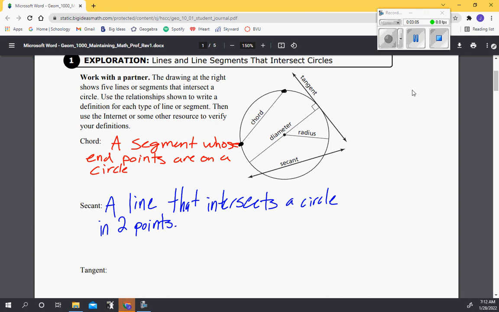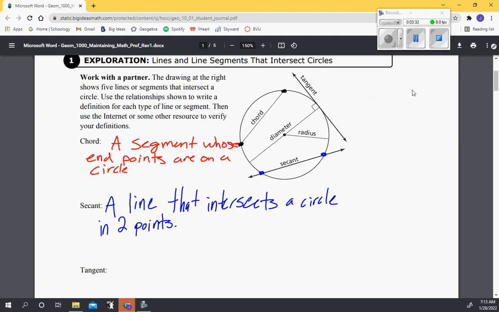So in our figure, you can see a secant, it's a line going through that circle. Again, if I were just to draw another one, a secant could go right through here. It just has to go through the circle and intersect twice. So there's an intersection, there's an intersection. If you look at our figure, it intersects here, and it intersects here. That is a secant line.